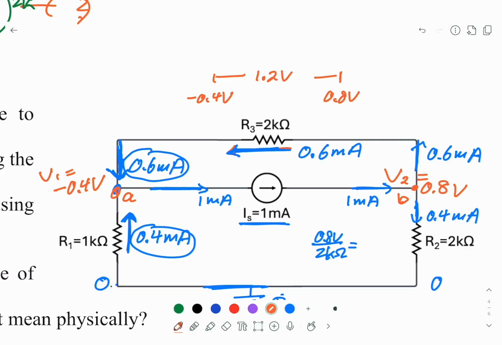Again, this is consistent because now we have IS, which is 1 milliamp flowing in to B, and 0.6 flowing out, 0.4 flowing out. So the solution V1 and V2 will give a consistent current passing through the circuit.